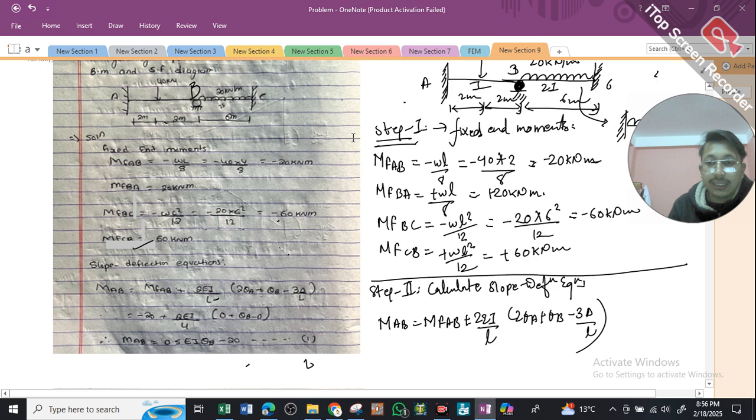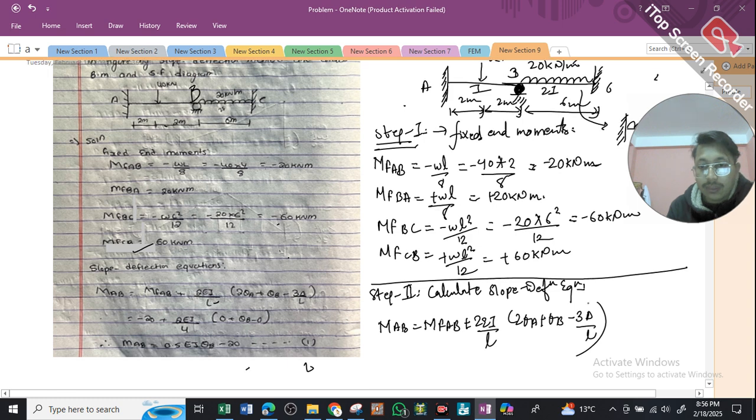Since there is a fixed end at A, there will be no rotation. Due to this point load, there will be an angle theta B formed over here, but no rotation will be caused at end A due to the fixed end.